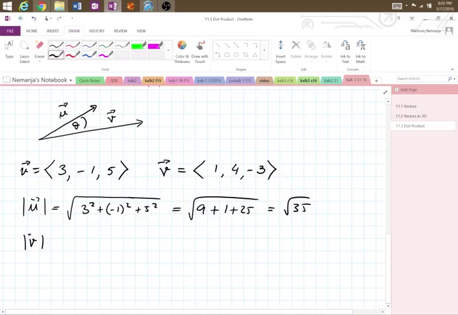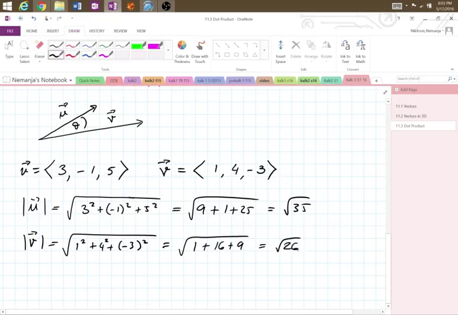Magnitude of v is going to be 1 squared plus 4 squared plus negative 3 squared, which is 1 plus 16 plus 9, equal to square root of 26.